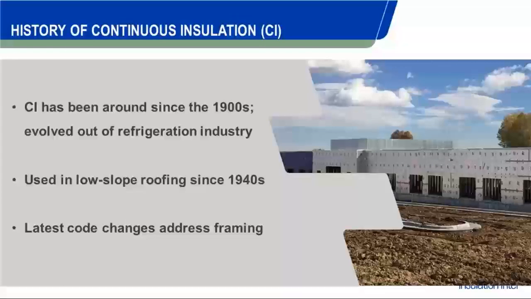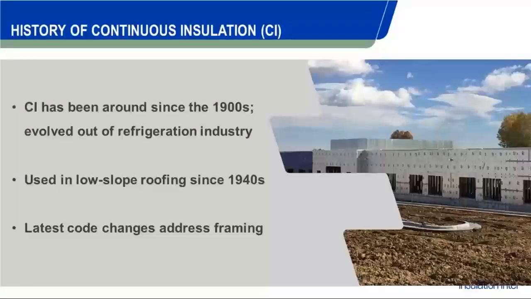But that was before we had actual refrigerators. So back in the early 1900s, they would actually utilize this continuous insulation to contain as much of the cold air as they could possibly contain to produce this ice.